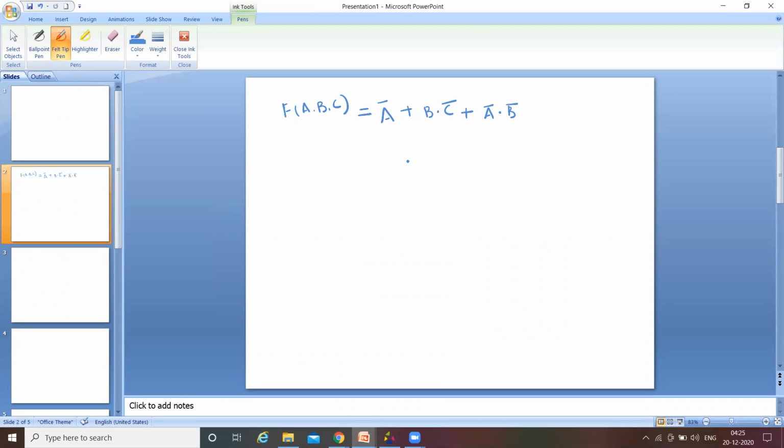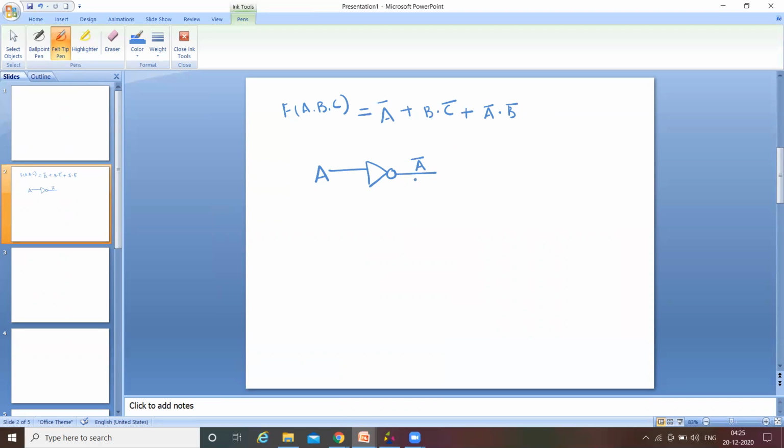This is a function and we need to implement it with the logical function. So here this is A, and A prime means A complement, so therefore input is A and this becomes A bar.